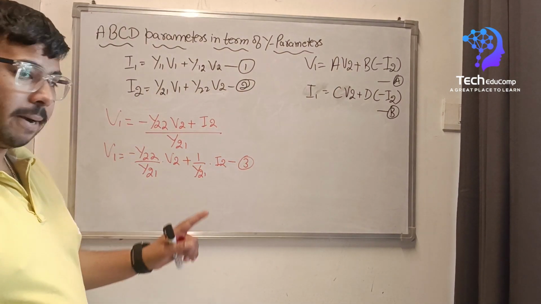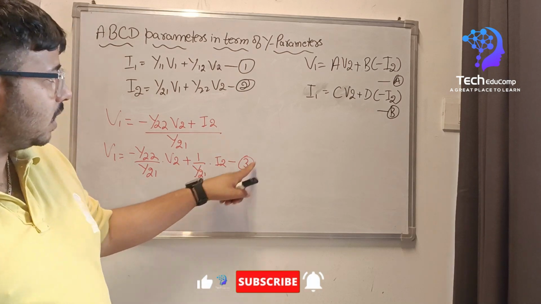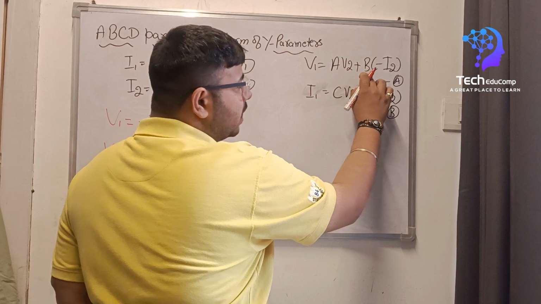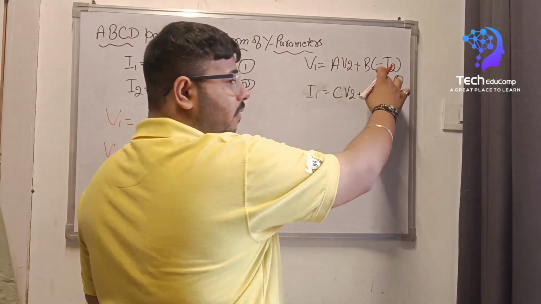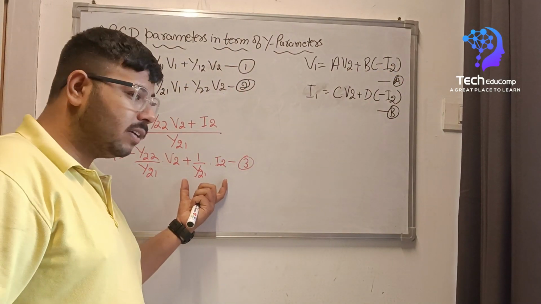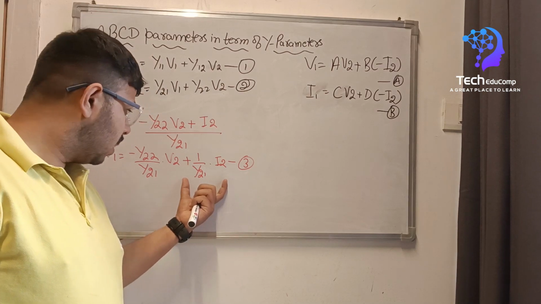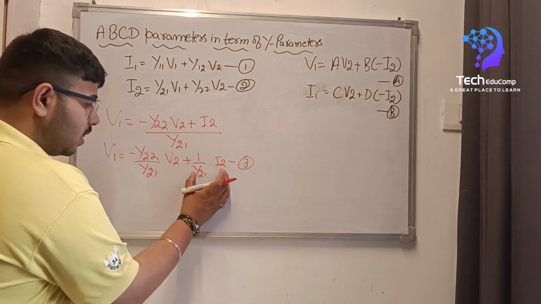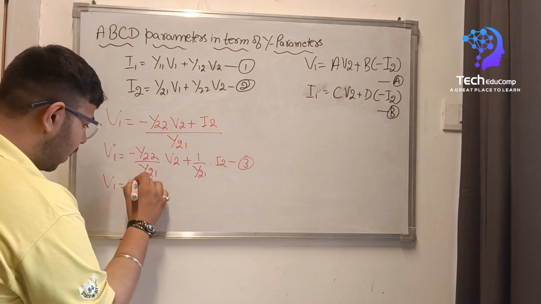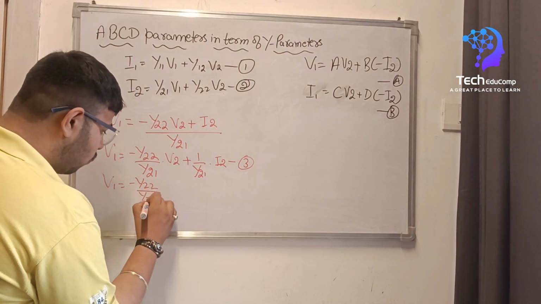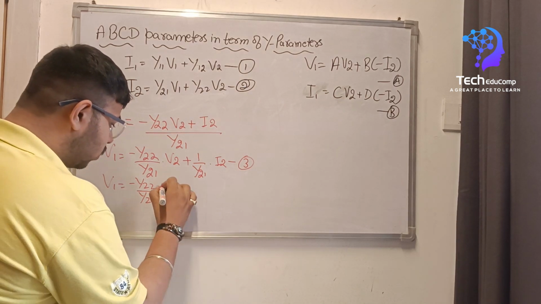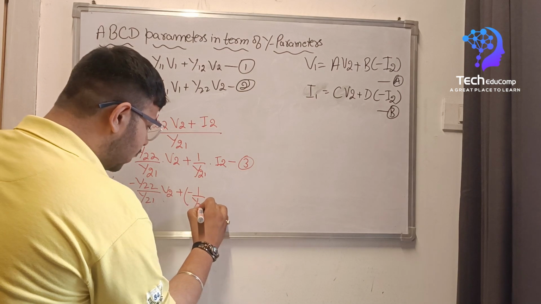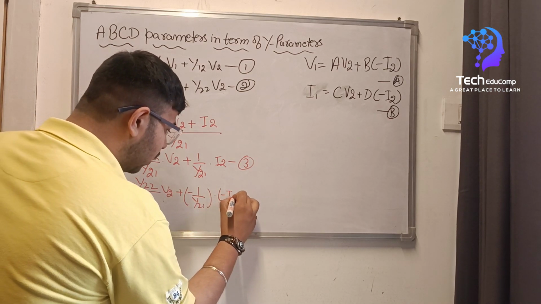But when I compare equation number 3 and equation number A, you notice that with B it is multiplied by minus I2, but here we have I2 in the positive term. So we can rewrite this term: V1 equal to minus Y22 upon Y21 into V2 plus minus of 1 by Y21 into minus I2.